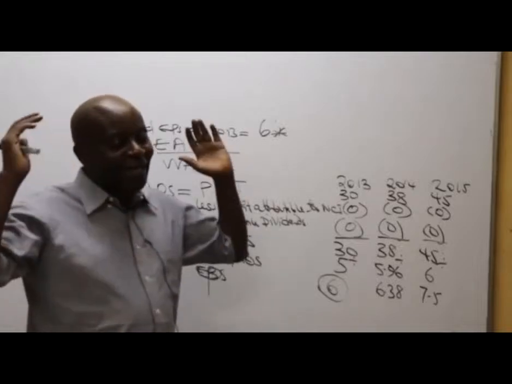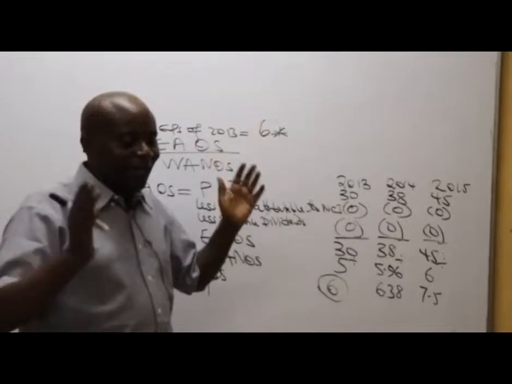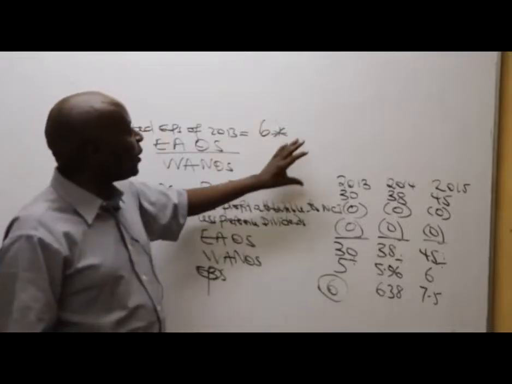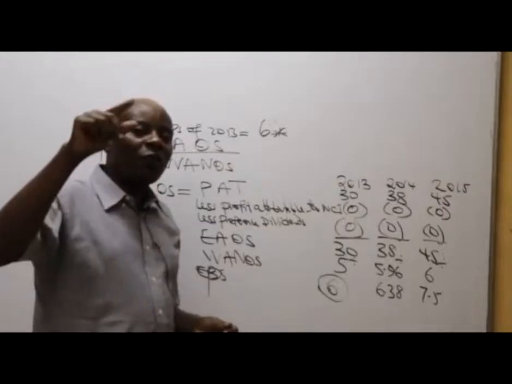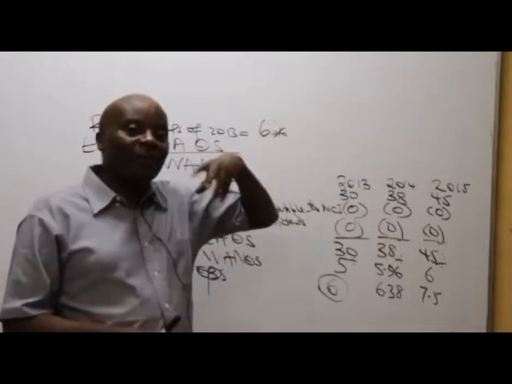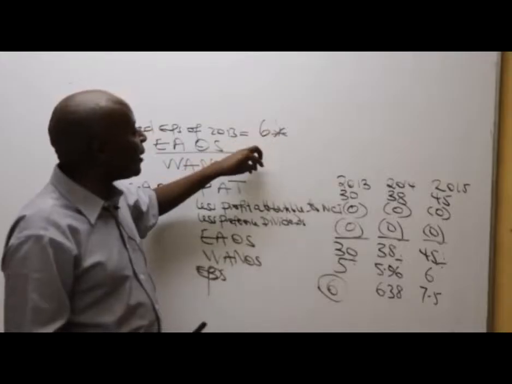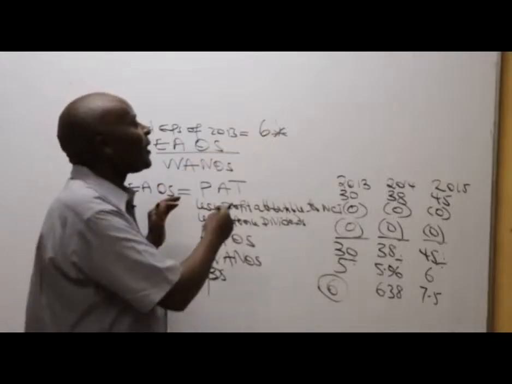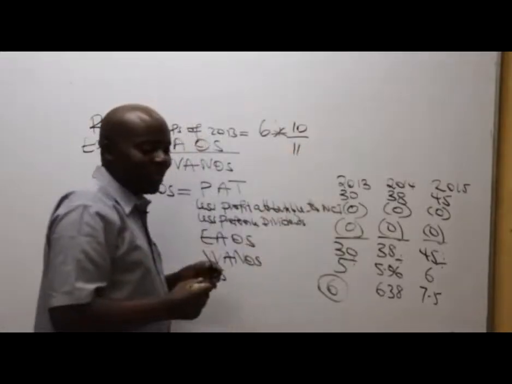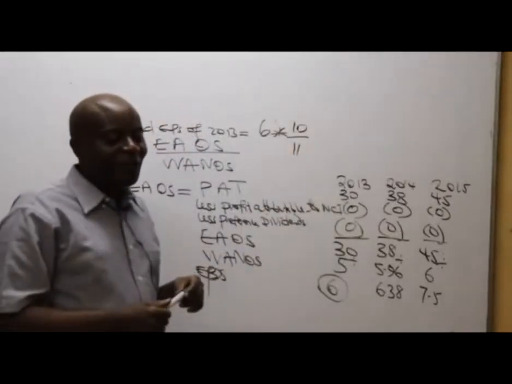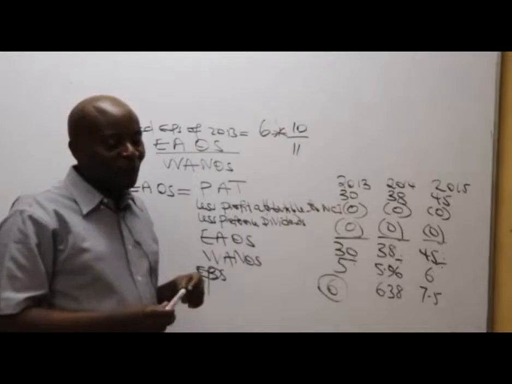Even if I understand nothing from this particular class, I know when it comes to restating for the previous years, if the bonus fraction was 11/10, I'll take the previous year's EPS times the reciprocal of those bonus fractions. So times 10 over 11, which will end up giving me what figure, somebody?